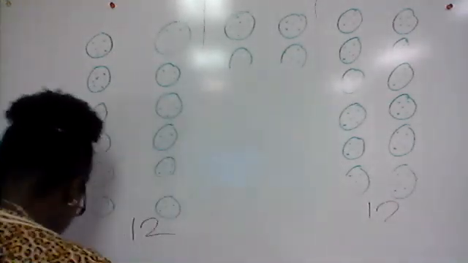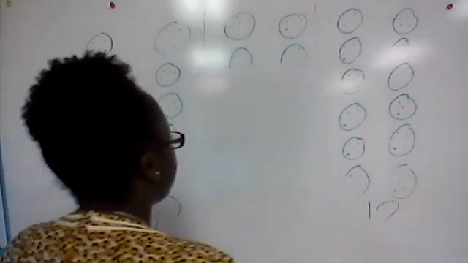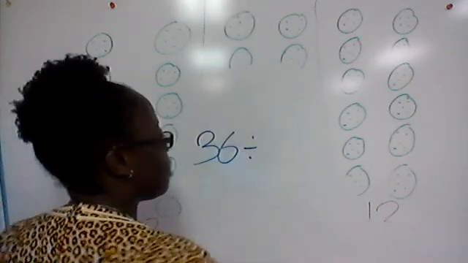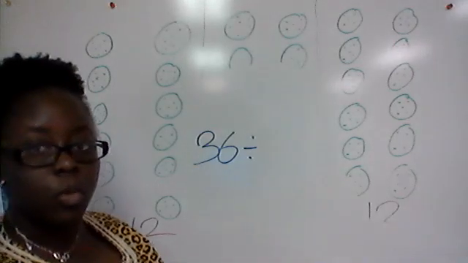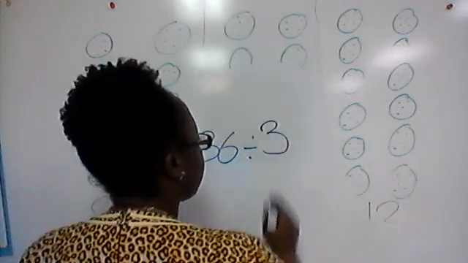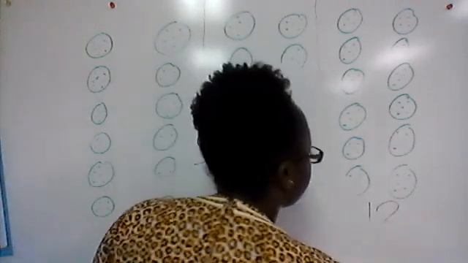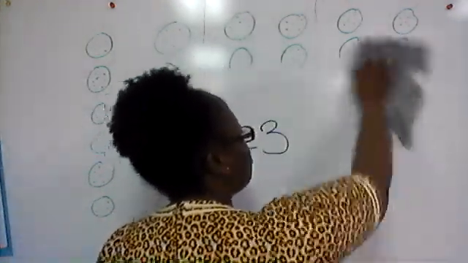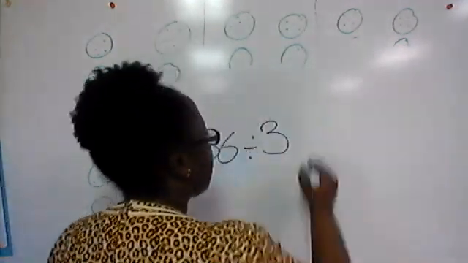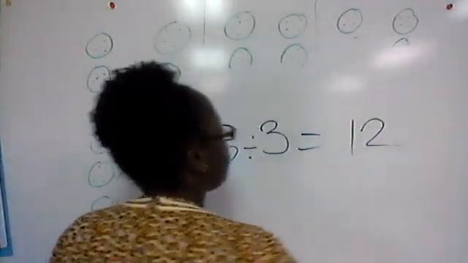That means 36 cookies would be divided by 3 people, because the 3 of us have to have an equal number of cookies. And that would equal, we came up with 12 for each person, right? So that would equal 12. 12 cookies per person.